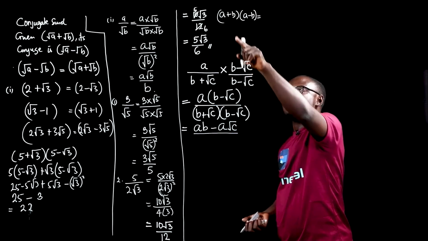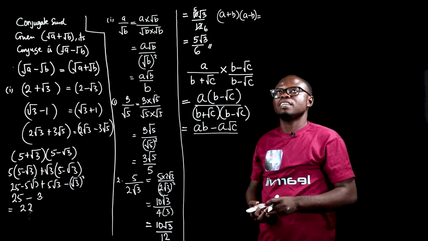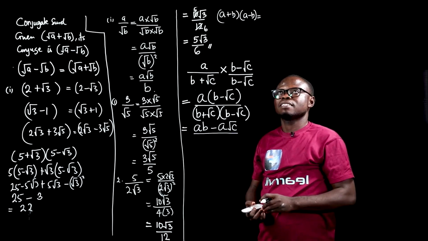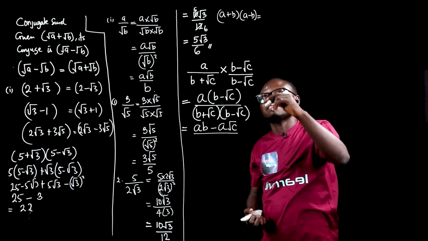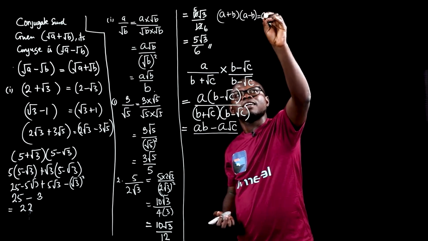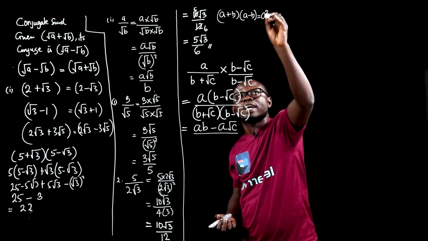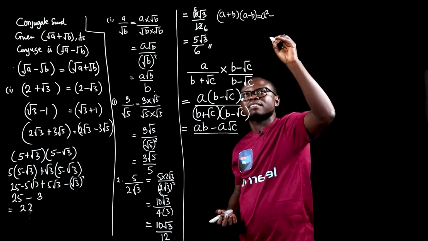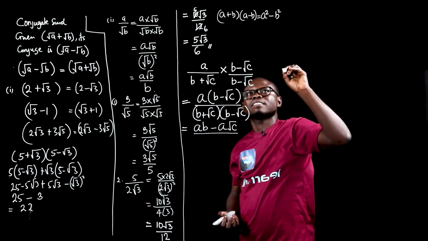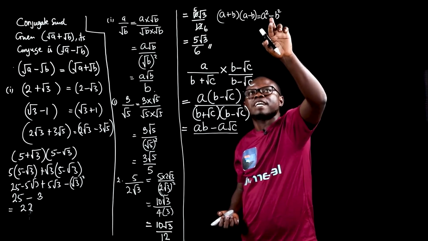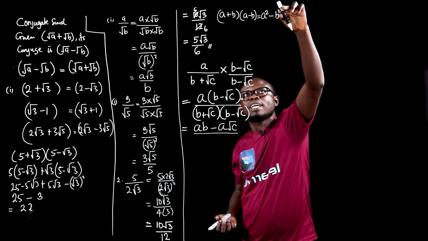Now, a plus b in one bracket multiplied by a minus b in another bracket can be simply written as a, which is the first item here, squared, minus b squared. And we call this the difference of two squares. The difference of two squares.